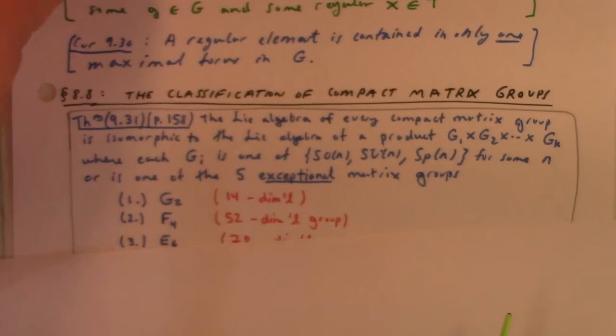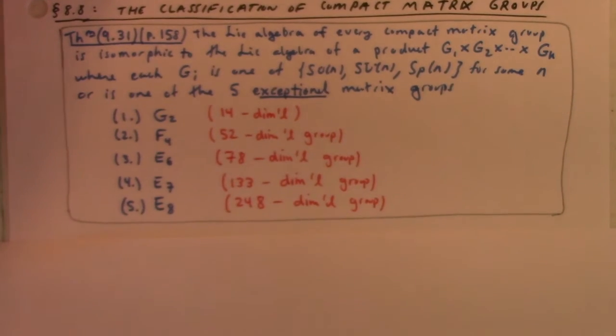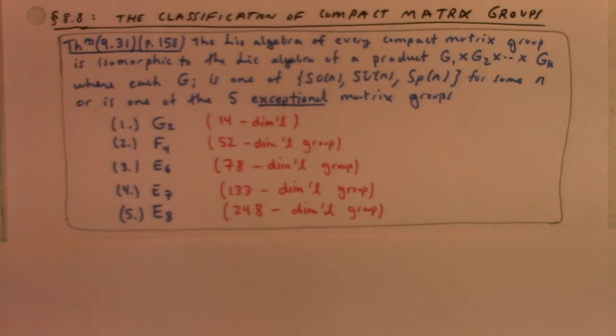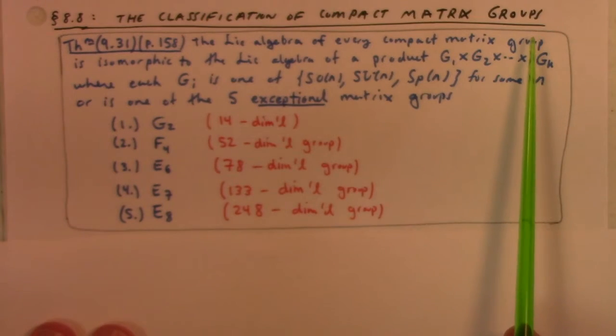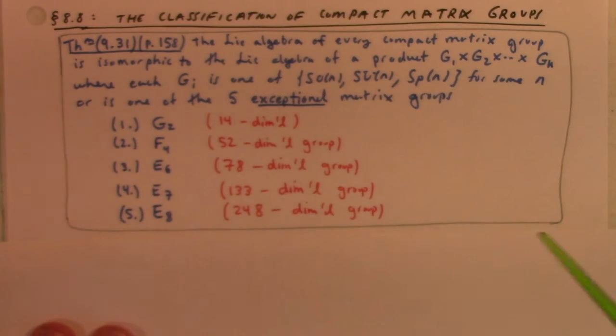And finally, the punchline to the whole shebang: the classification of compact matrix groups. And of course this is beyond Tapp's book, but I think after you study his book carefully, you can at least appreciate this result.